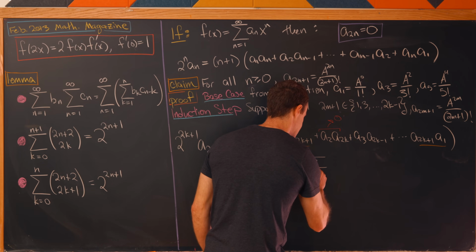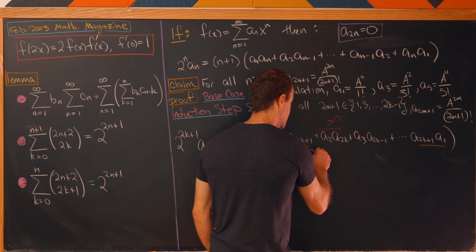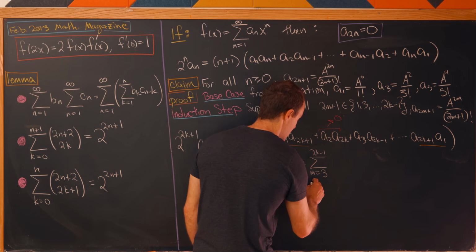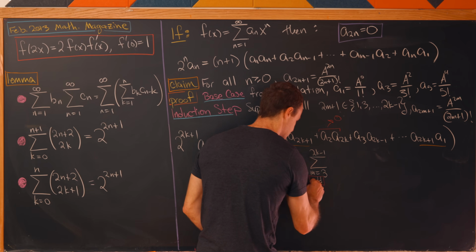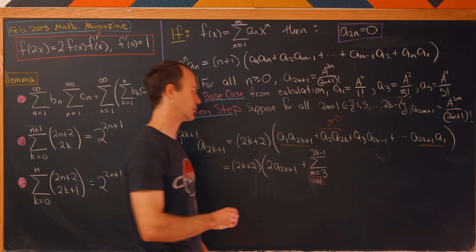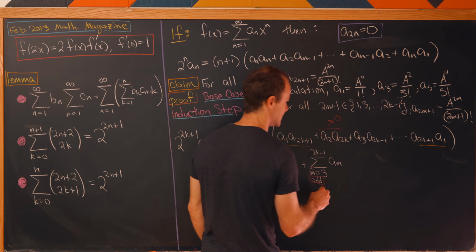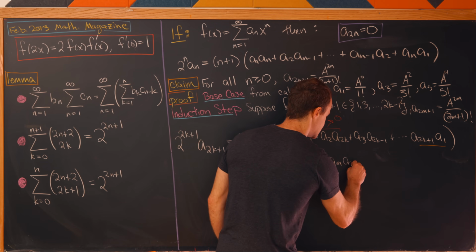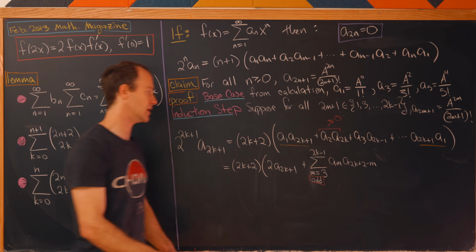That's going to be the sum as m goes from 3 up to 2k minus 1 over only the odd ones. So I'll just write a little odd down there to point out that I'm only going over the odd ones of am, and then it'll be a 2k plus 2 minus m when all is said and done.